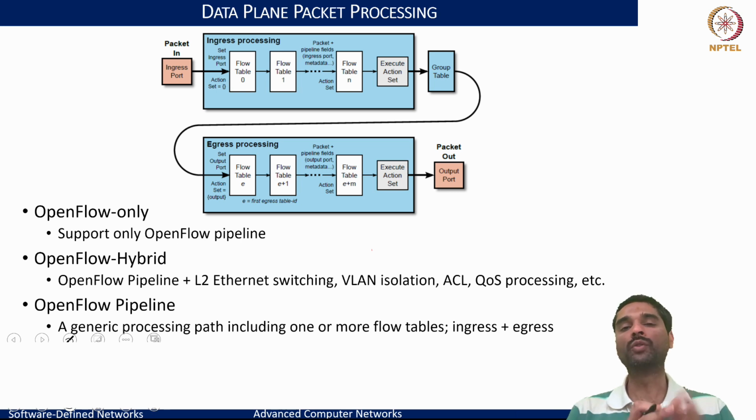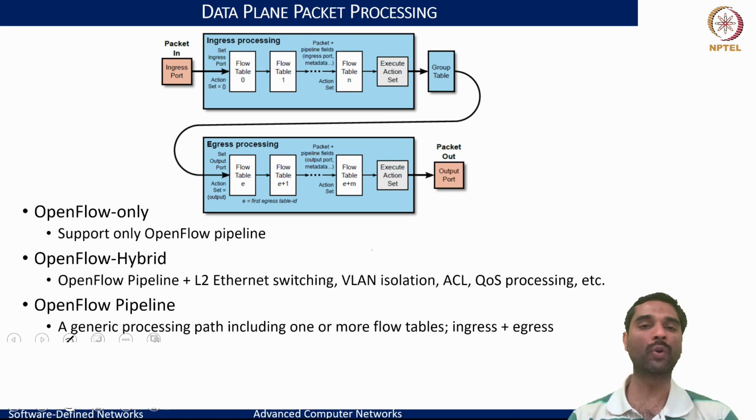And to think of what happens when a packet arrives, it's called the data plane packet processing or the forwarding plane packet processing model. Here, as the packets arrive on any ingress port, that is the incoming port, they would go first through the ingress processing pipeline, which consists of a set of flow tables on which the packets are going to be looked at and matched against the rules that have been set.